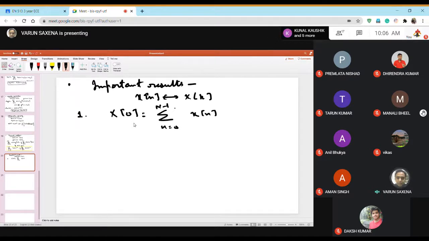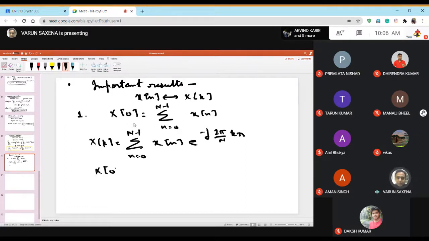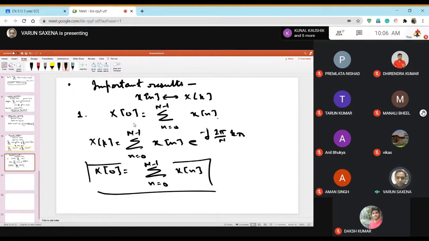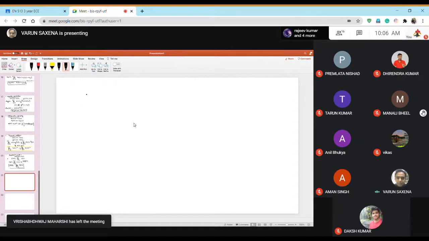The DFT is x[n] e to the power minus j 2 pi n k / N, where n goes from 0 to N minus 1. All you need to do is put k equal to 0, and you get summation of x[n]. That is it. But these results are important when you have to find the first value, last value, and so on. So this is the first result.